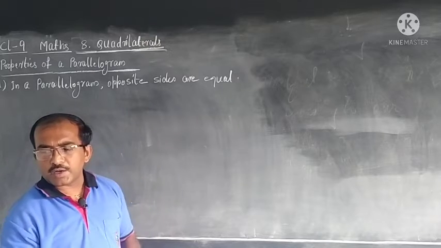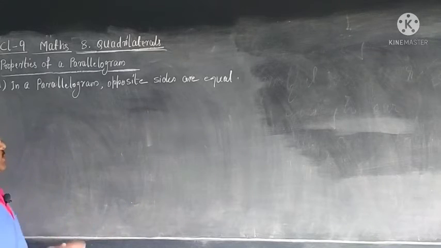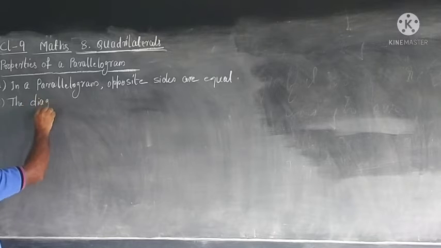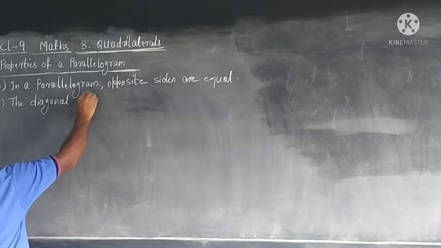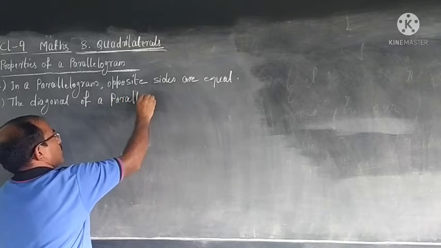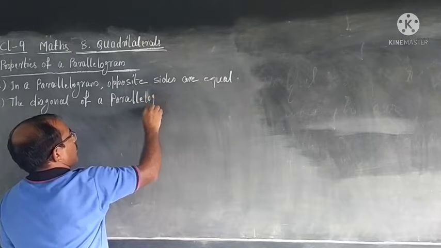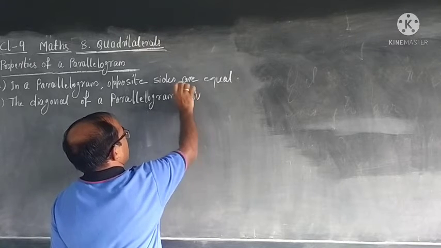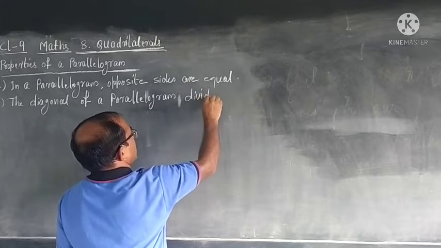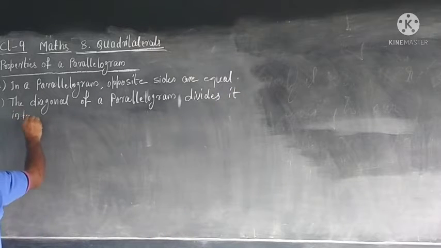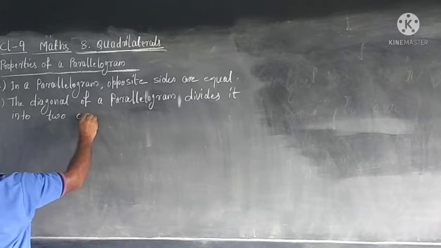The diagonal of a parallelogram divides it into 2 congruent triangles. Let us see another property. The first one you have understood. Now we will study this second property. The diagonal of a parallelogram divides it into 2 congruent triangles.